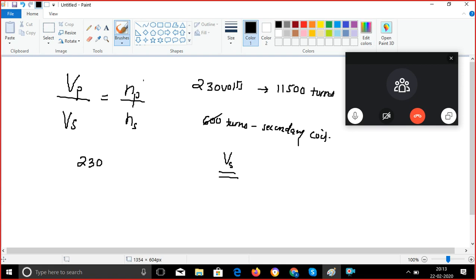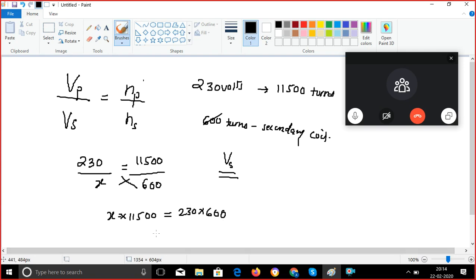So 230 is divided by x, let it be x. Primary is 11500 and secondary is 600. So x is equal to what? You just have to cross multiply. So x multiplied by 11500 equals 230 multiplied by 600.